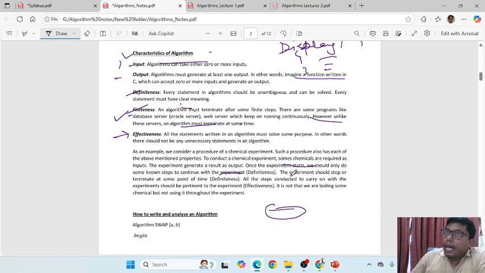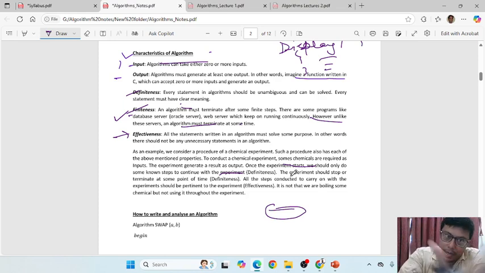That does not happen, because whenever you start a chemical experiment, after a certain time of performing those steps, the experiment will stop. So whatever steps you follow to perform that chemical experiment are regarded as a finite number of steps. That means the finiteness is there.